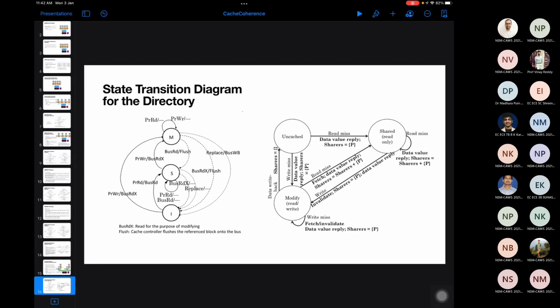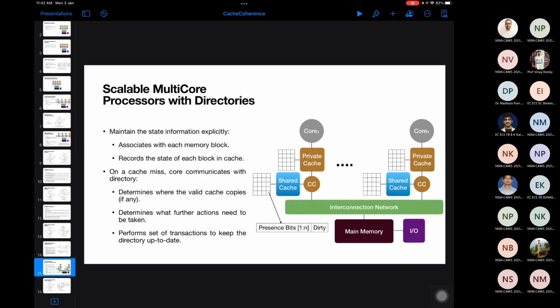So now what happens is, initially the block is brought into the LLC. Now some core, core 1, initiates a read request. Core 1 sends a read request to the corresponding home node shared cache. There we check the state of that particular block, and we find that this cache block is not shared in any of the private caches.